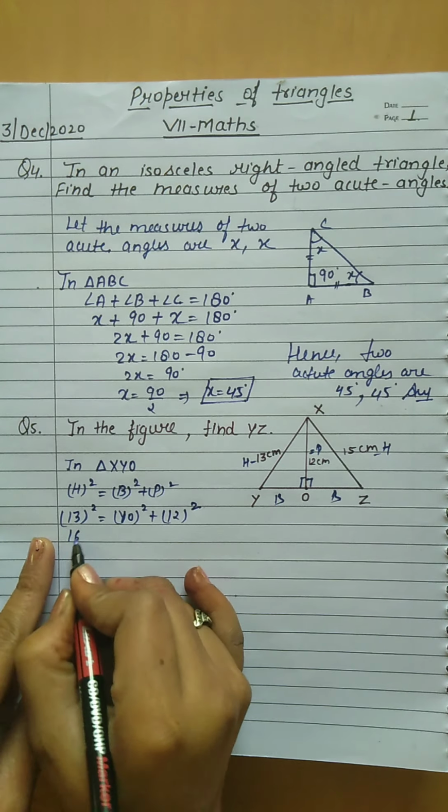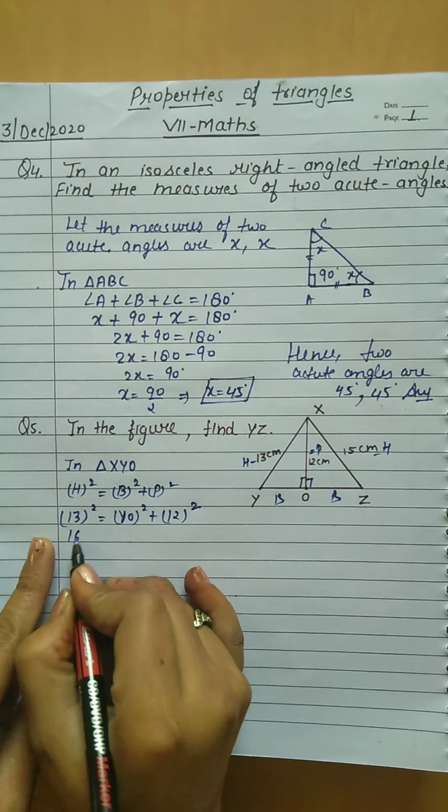So here 169 minus 144 is equal to YO square. So that is 25 is YO square. Okay students, so YO is equal to the square root of 25. And students, what is the square root of 25? That is 5.